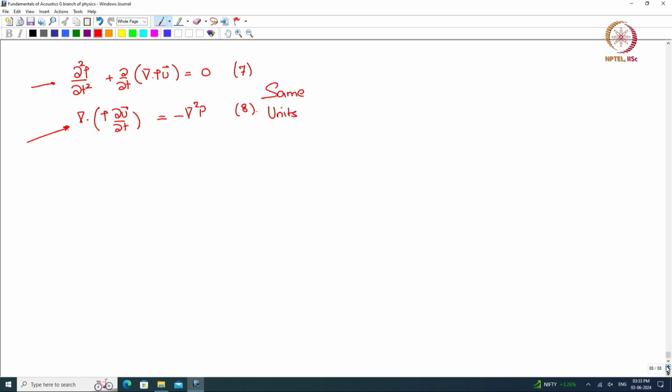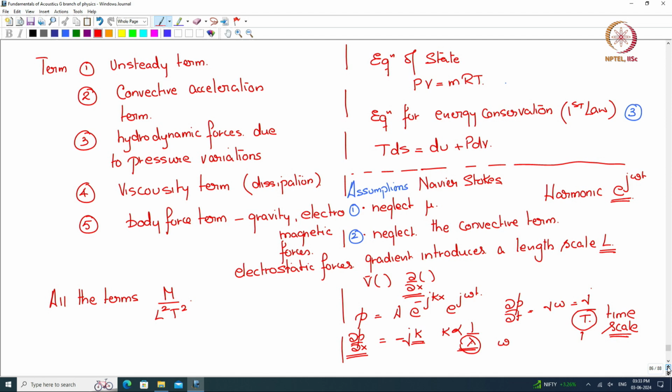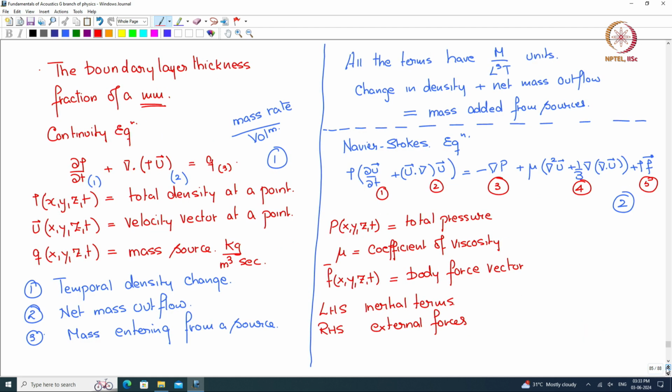Okay, I suppose you have noticed that this Navier-Stokes has an m over L square t square term. So, we put a divergence on it, it becomes m over L cube t square, whereas the continuity had this m over L cube t.